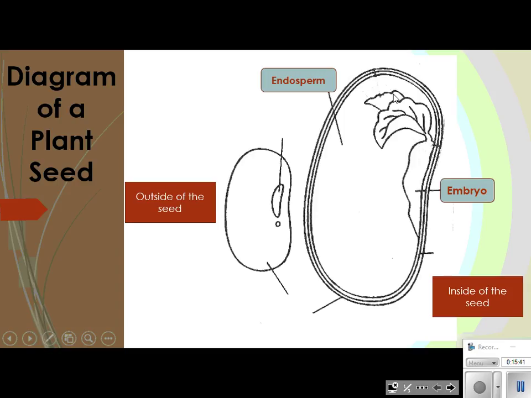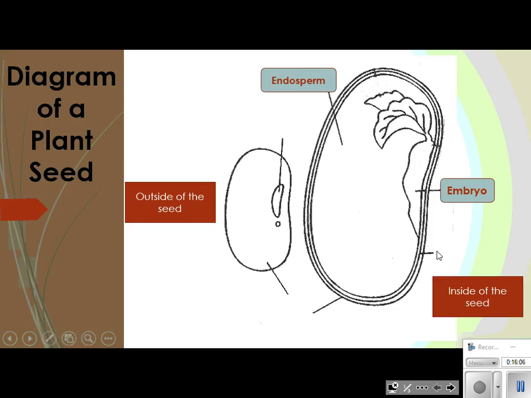When the seed starts to germinate, we have what we call an embryo.